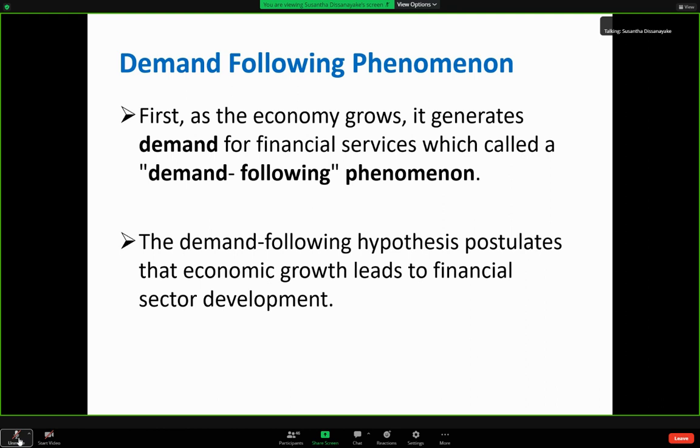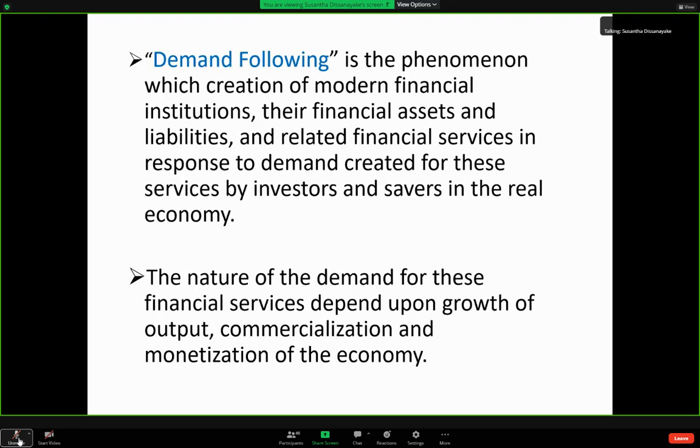So that's the way simply we are having an idea on this demand following hypothesis. In this phenomenon, modern finance institutions, their assets and liabilities and related finance services respond to demand created by investors and savers in the real economy. So as the simple example that we considered.